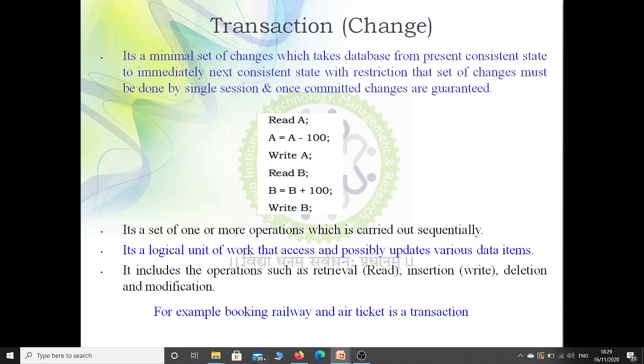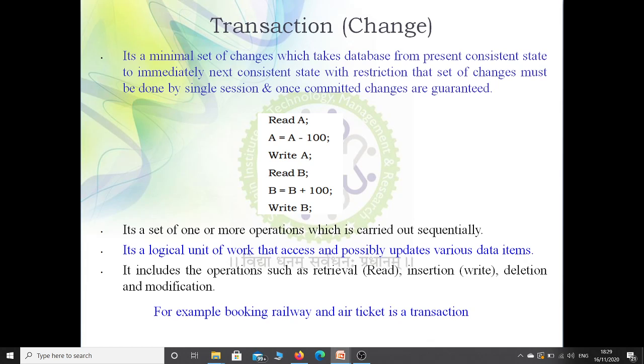So now let's discuss what a transaction is. It's a minimal set of changes which takes your database from one consistent state to another, with the restriction that all the changes you have made must be done by a single session, and once committed, the changes are guaranteed. In the broad way we can define a transaction like this: it is a minimal set of changes that you are going to make, but it should bring your database from one consistent state to another consistent state, and all the changes must be done by a single session.